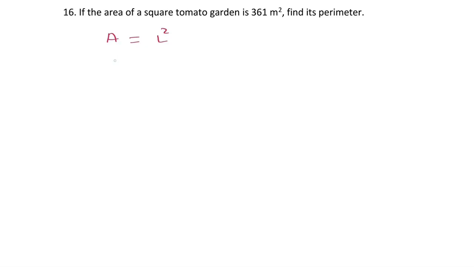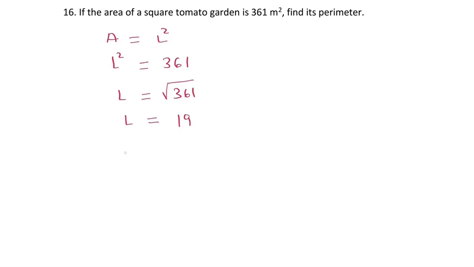Our equation is L squared equals 361. Next we are going to take the square root on both sides. Then L equals the square root of 361. Solving this, we have L equals 19. So this is the length of the square.